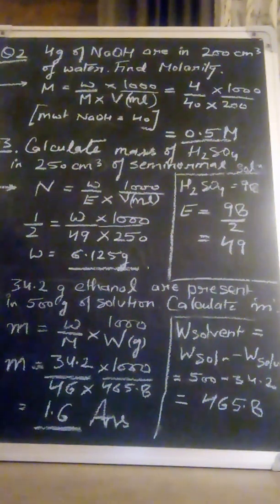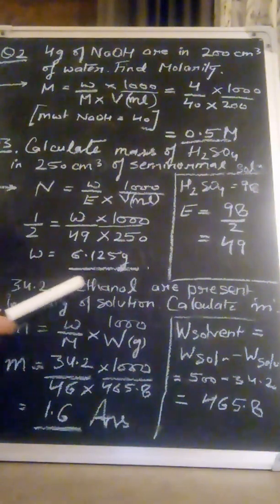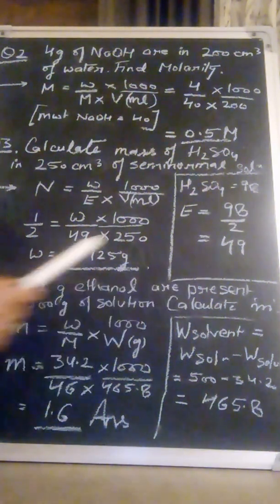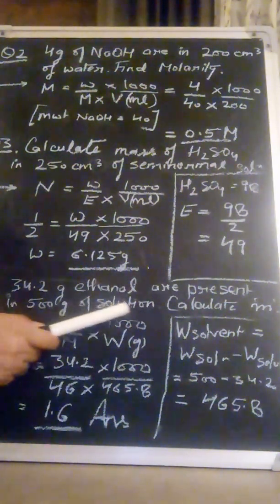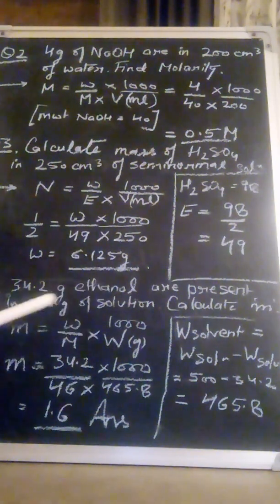Let us see the next question, of molality now. See question number 4. In question number 4, it is given that 34.2 gram of ethanol is present in 500 gram of solution. What is the solute here? Ethanol. How much is it? 34.2 gram.